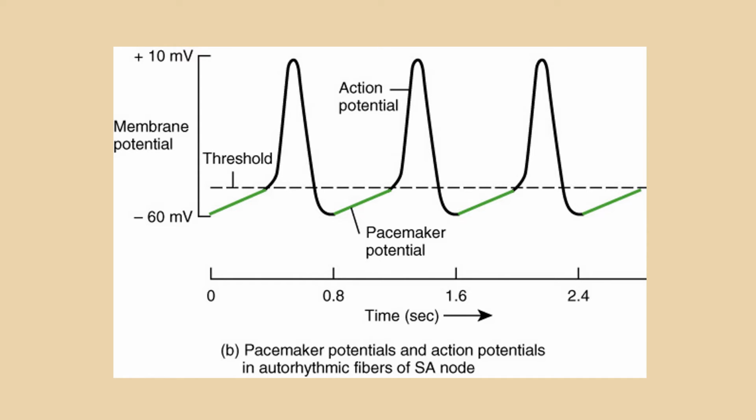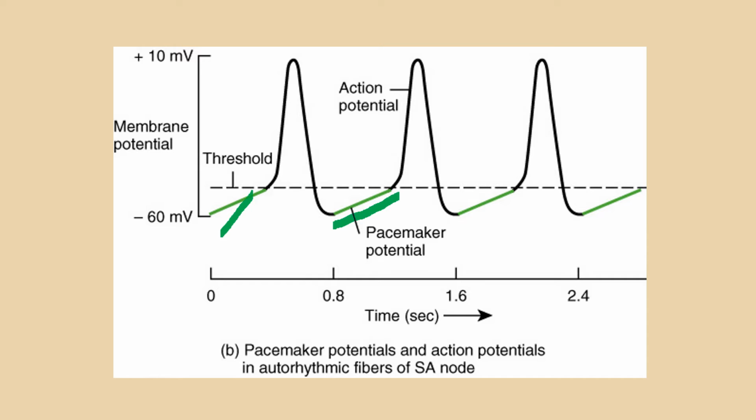And we're back to this image. Under the influence of norepinephrine, the slope of the pacemaker potential is going to change. Remember, the slope is the steepness of this line. Under the influence of norepinephrine, as calcium moves into the cell, the pacemaker potential slope increases.